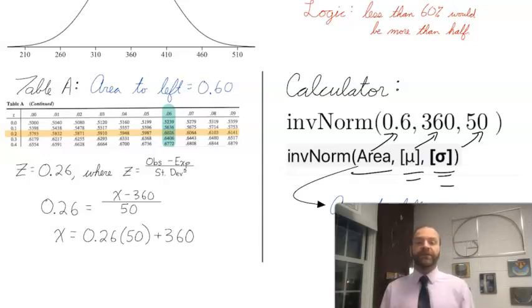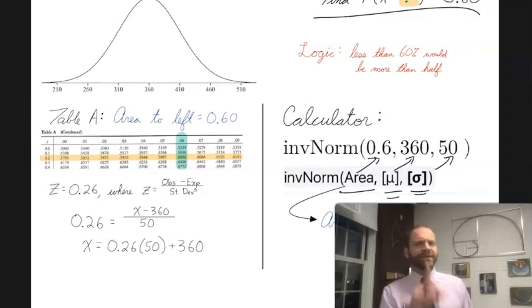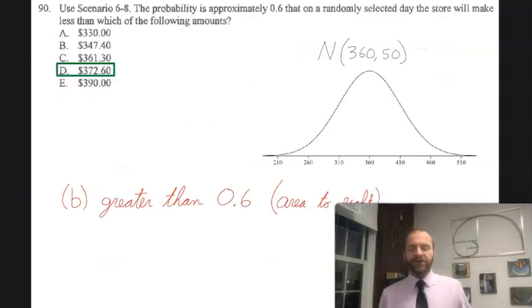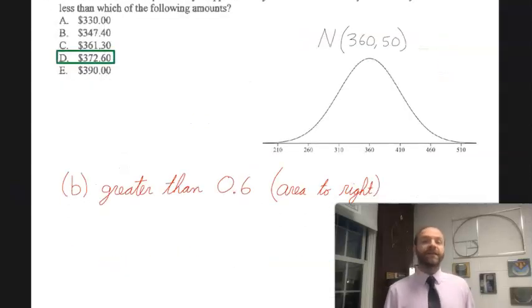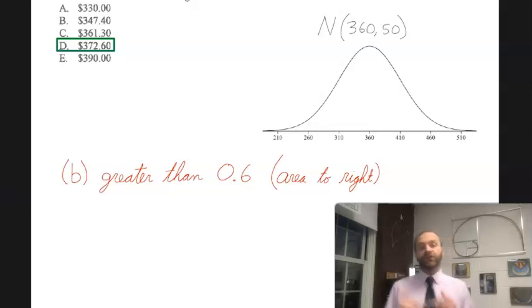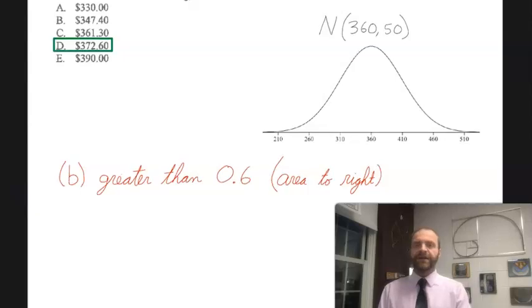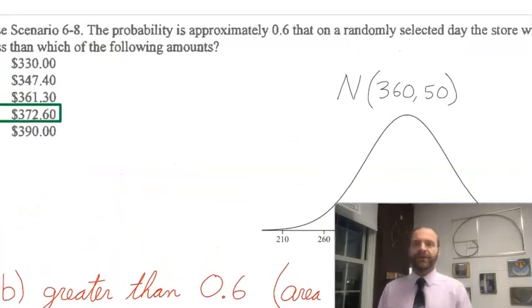So hopefully this helped and showed you some of the tricks. Now remember, I did say there was a trick answer. We crossed it out by applying logic. But I want you to realize that choice B was if you did greater than 0.6. That would be area to the right, not area to the left. One way to look at it is I know 360 is my center.